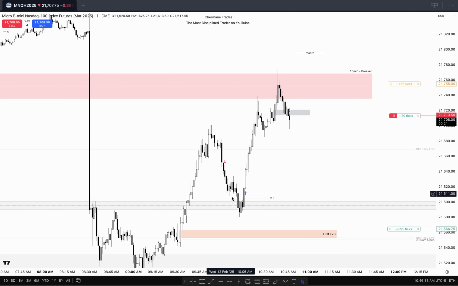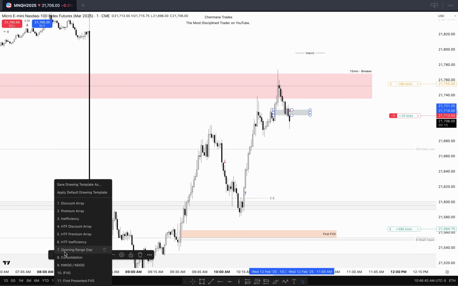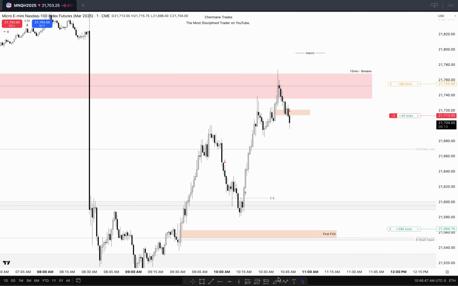First trade was a break even, and then my last attempt for the day. Risk comes off. Excuse me. Risk comes off if we can accelerate underneath that short-term low here.